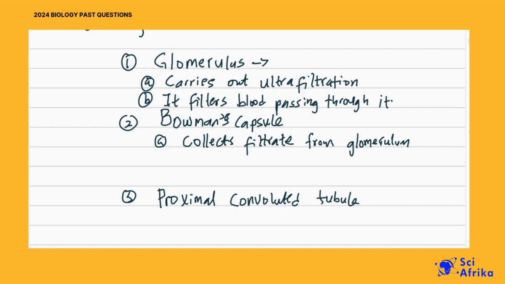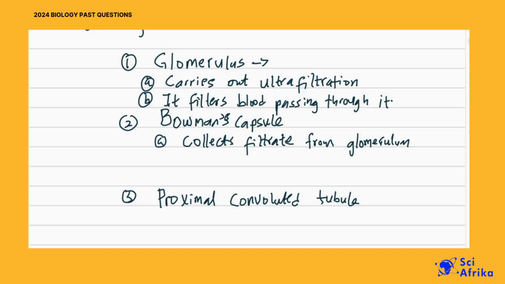So I will now explain the function of the proximal convoluted tubule. It carries out selective reabsorption, or we can say it reabsorbs certain nutrients like amino acids and vitamins. What this means is that whatever enters the glomerulus is actually very small.